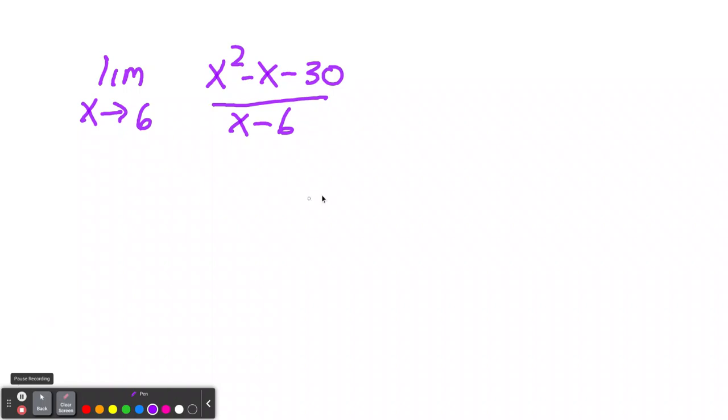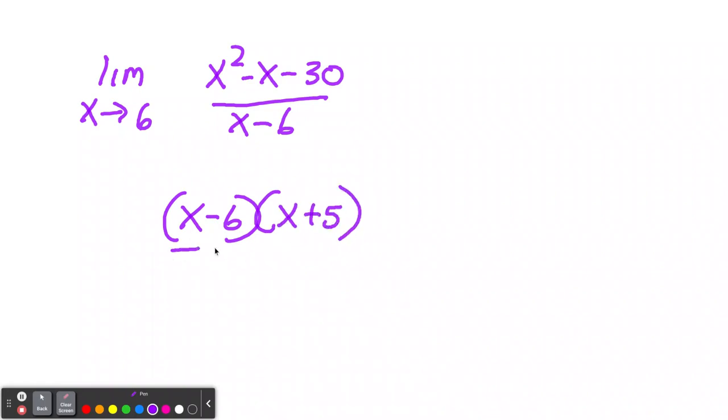So what'd you get? If we factor the trinomial over here, we'll get x minus 6, x plus 5. So go back to factoring trinomials if you don't understand how we did that. And of course, we can cross that out. We're left with x plus 5. Just plug in the 6 now, and the answer would be 11.